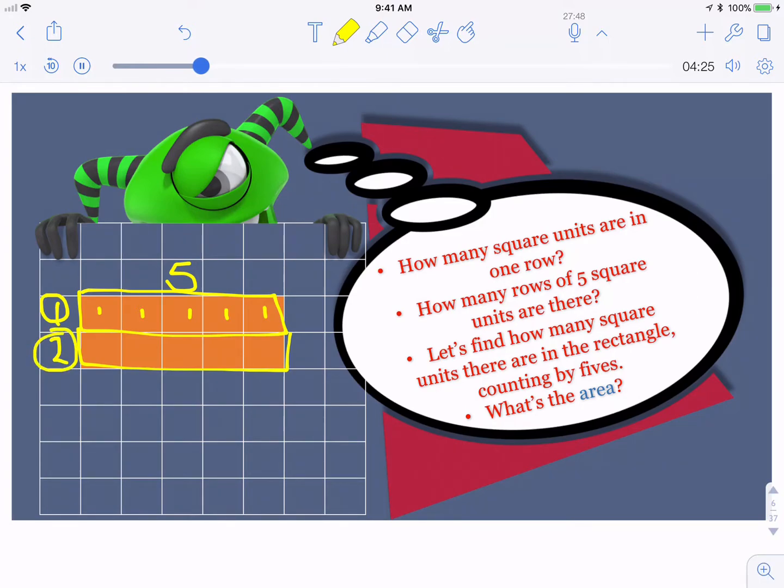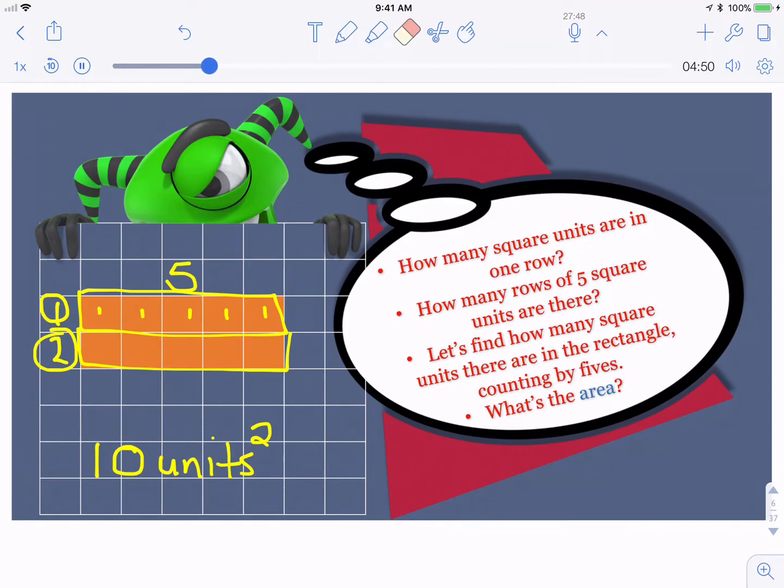What is the area? Now look, the area is in blue. So when I think about area, it's the space that's being filled up in the square or in the shape. So if I wanted to put a fence in my yard, I would want the perimeter. But let's say I want to put carpet in my house.